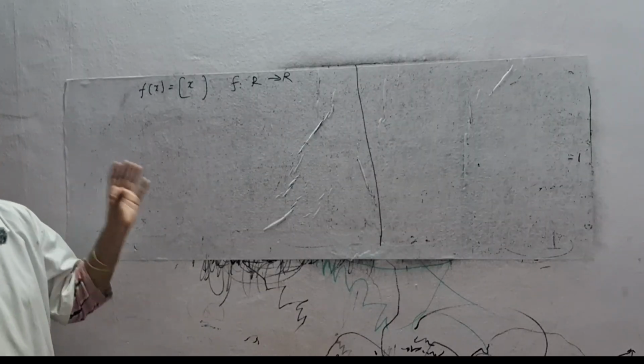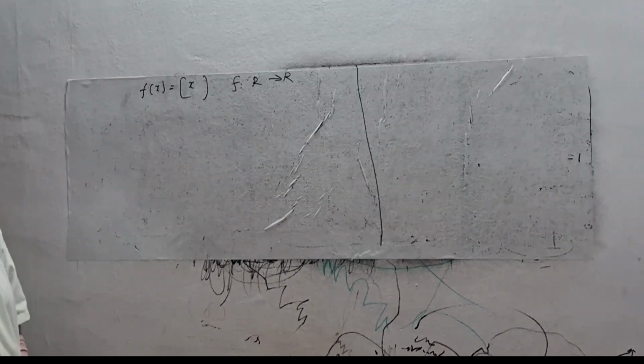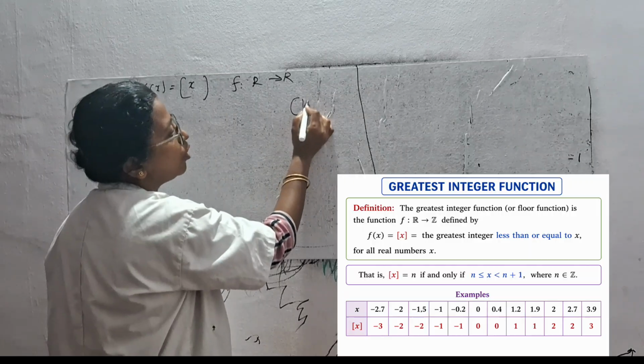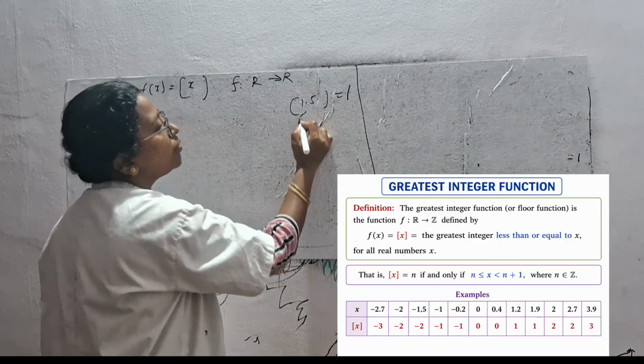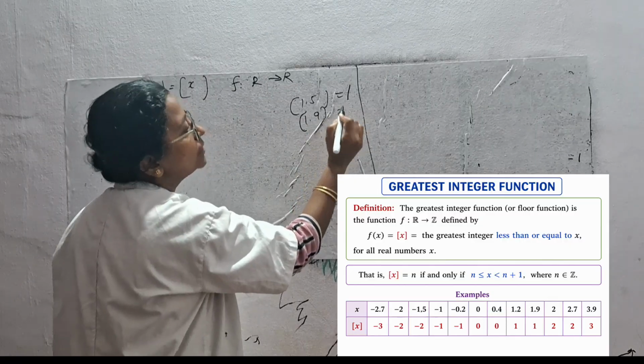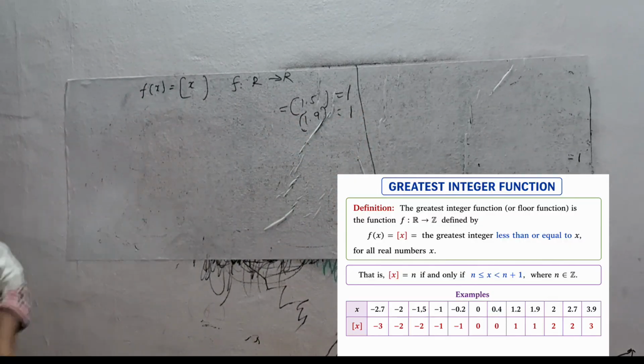x in bracket is given as the greatest integer, mapping from real numbers to real numbers. What is meant by greatest integer? If I put 1.5 in the square bracket, I get the answer 1. I get 1.9 also, the answer will be 1. That is the meaning of greatest integer.